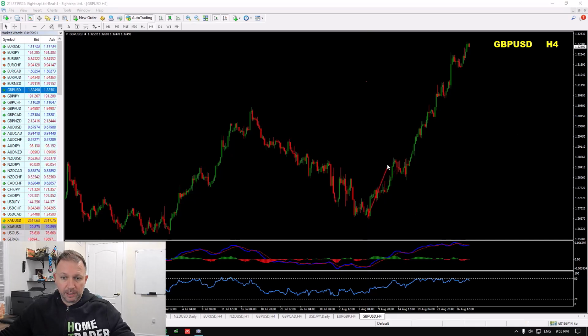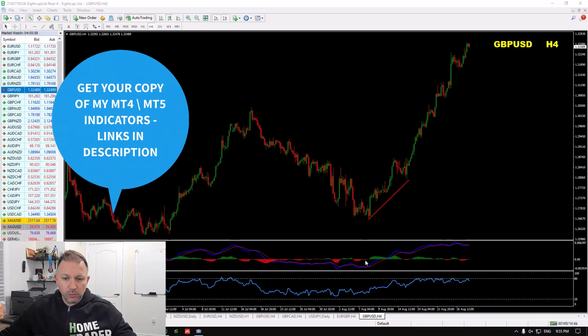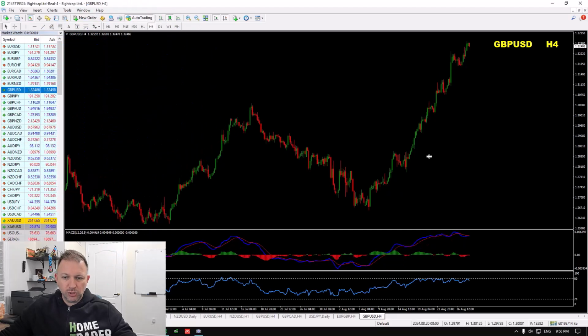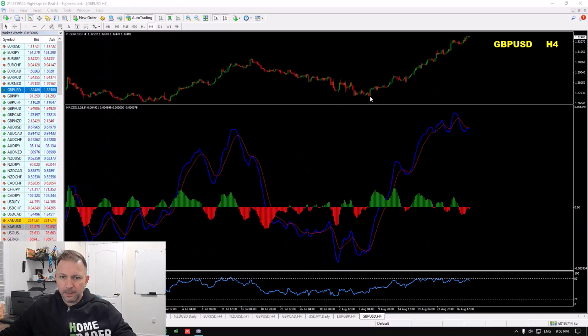So now take a look at what happens here on the 4-hour chart. We start to see the market making its trending conditions and pushes to the upside, and it makes higher lows on the chart, lower lows on the indicator. It's small here, not too much visible, but if you increase that, you will see that in that condition we got higher lows on the chart, lower lows on the MACD histogram.